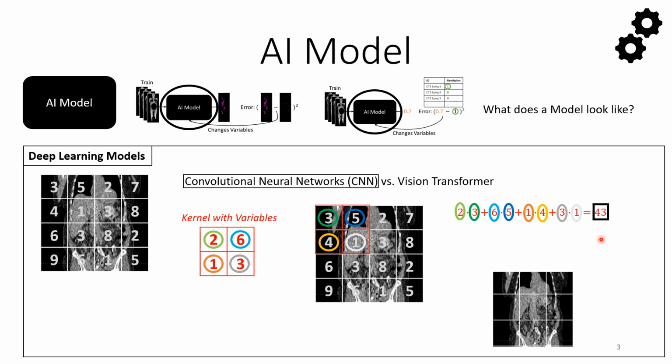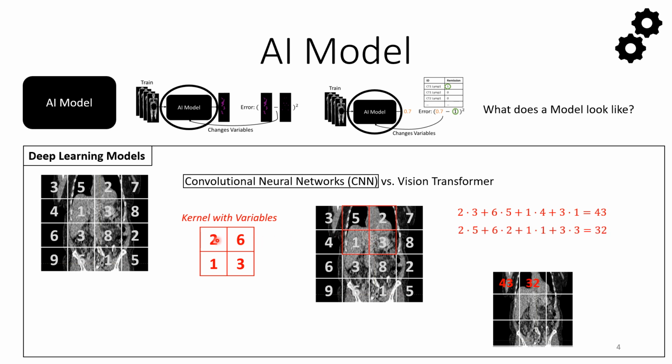Now we open a new image. We take this value and put it into the left corner. So this is our 43, the new grayscale value of our new image in the left corner. Now we take the same kernel and go one step over. The kernel lies here at the next step, and again we do the same multiplication. This gives us a 32, and we put the 32 here.